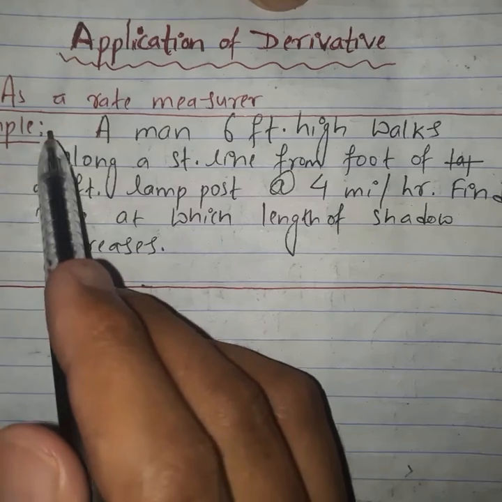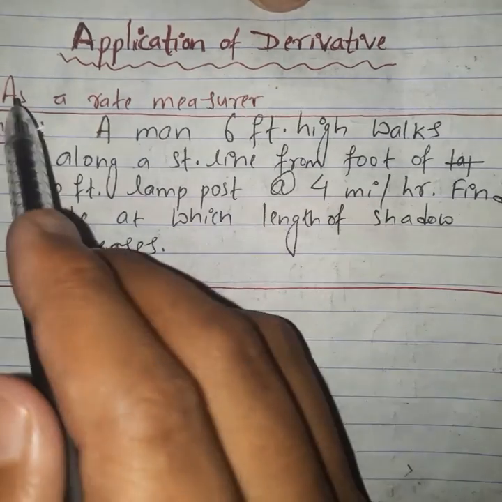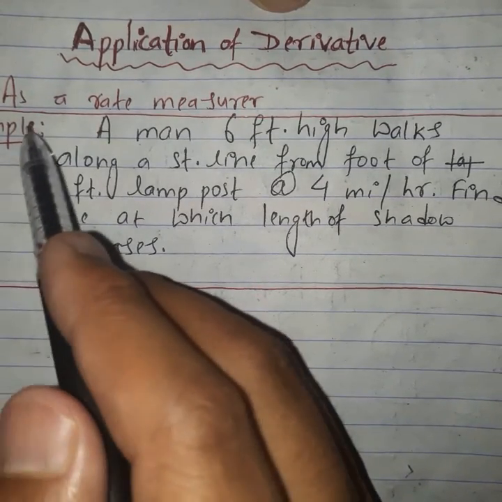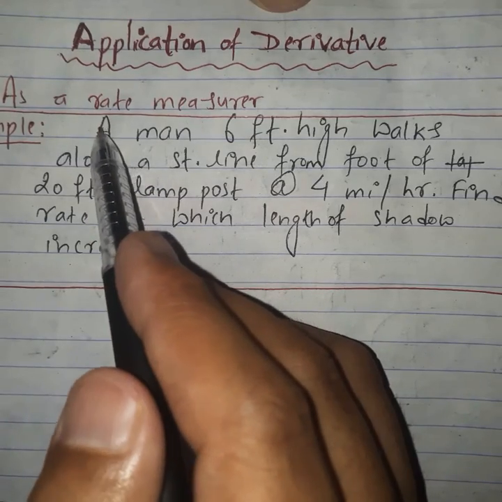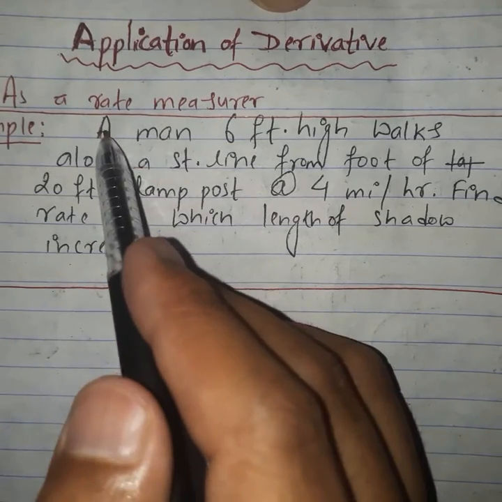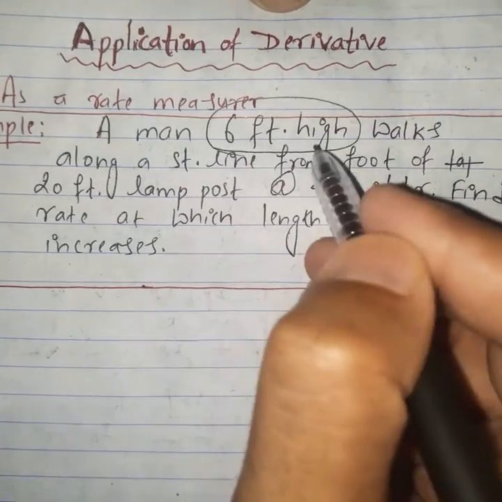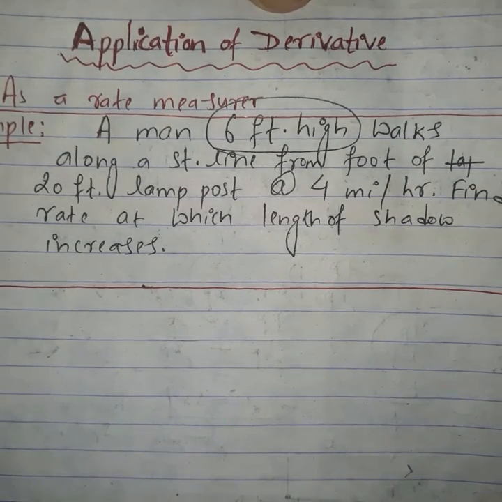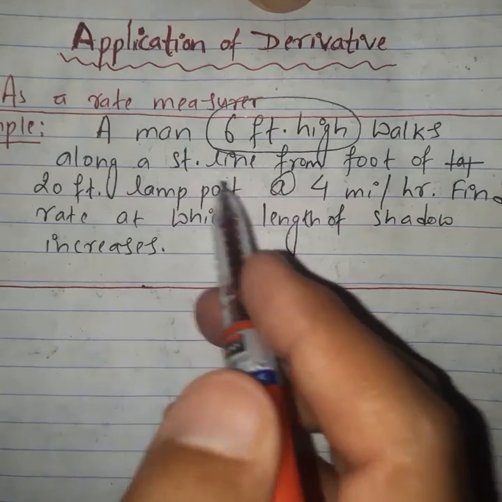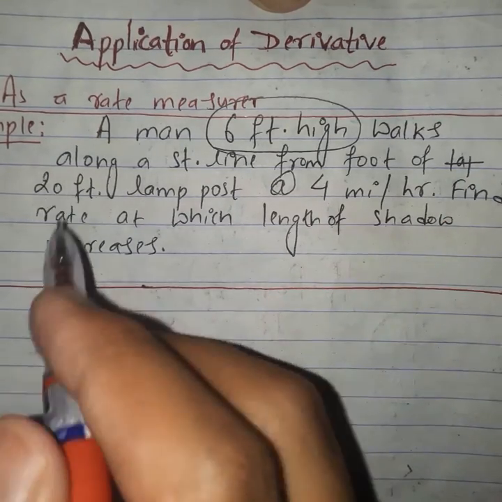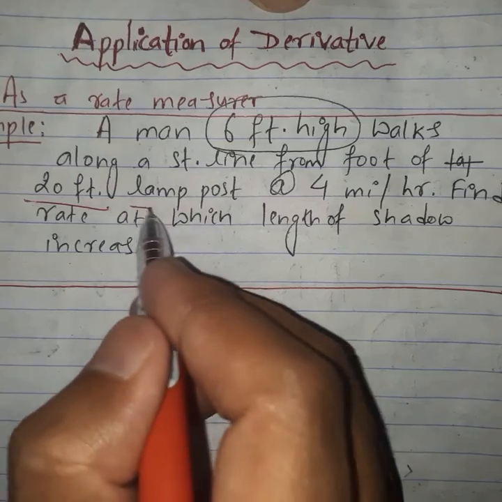Today's topic is application of derivative as a rate measurer. I have taken an example. The question is, a man of 6 feet high. Here the height of the man is given as 6 feet, and he walks along a straight line from the foot of a 20 feet lamp post.